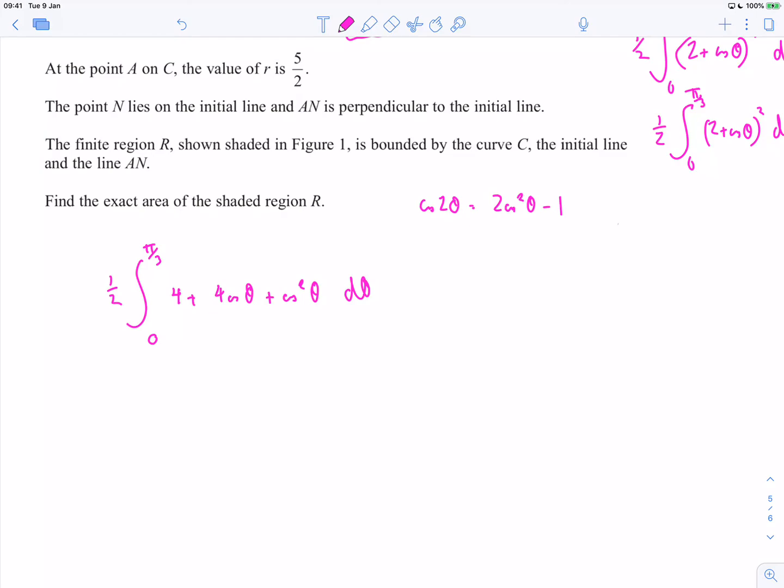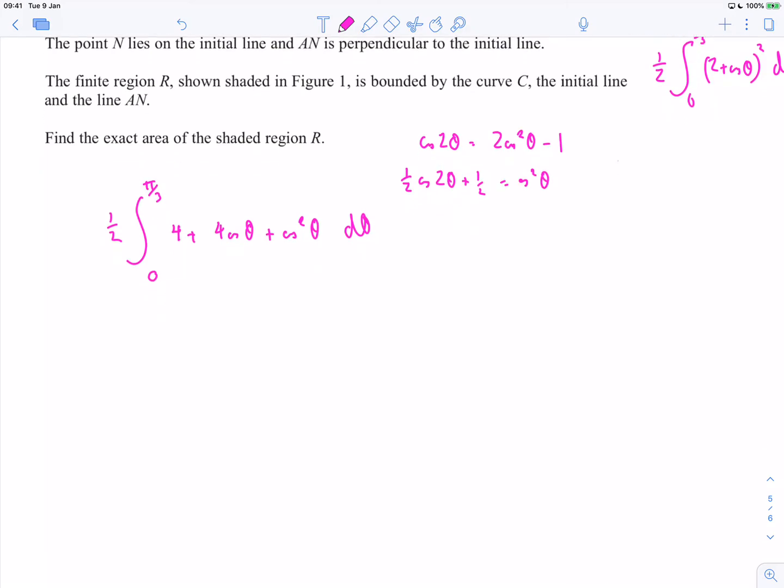So that means a half of cosine 2 theta plus a half equals cosine squared theta. So this is actually going to be the integral between pi over 3 and 0 of a half of 4 plus 4 cos theta plus a half of cos 2 theta, d theta.